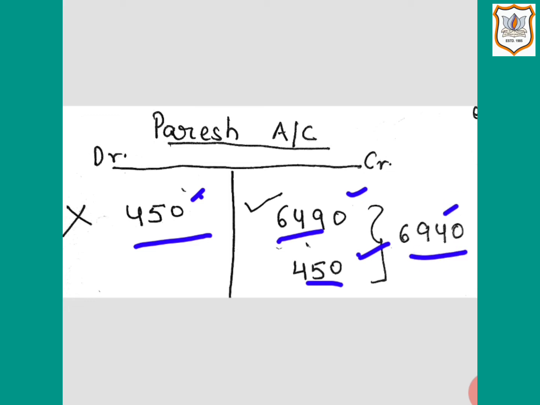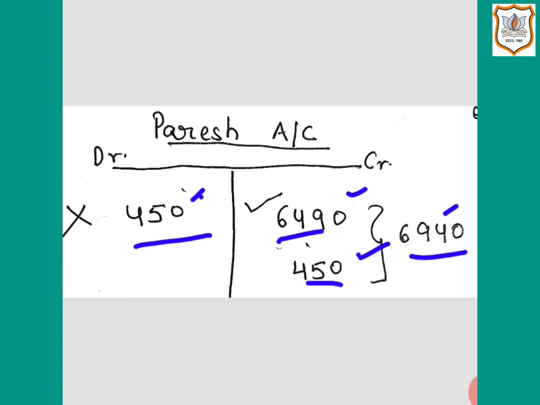According to the double entry system, there are two aspects of every transaction, debit and credit, where debit entry must be equal to credit entry. And if Paresh account is credited, what should be on debit side? Here, the mistake is only in Paresh account. So what account can be debited? Here we can debit suspense account.